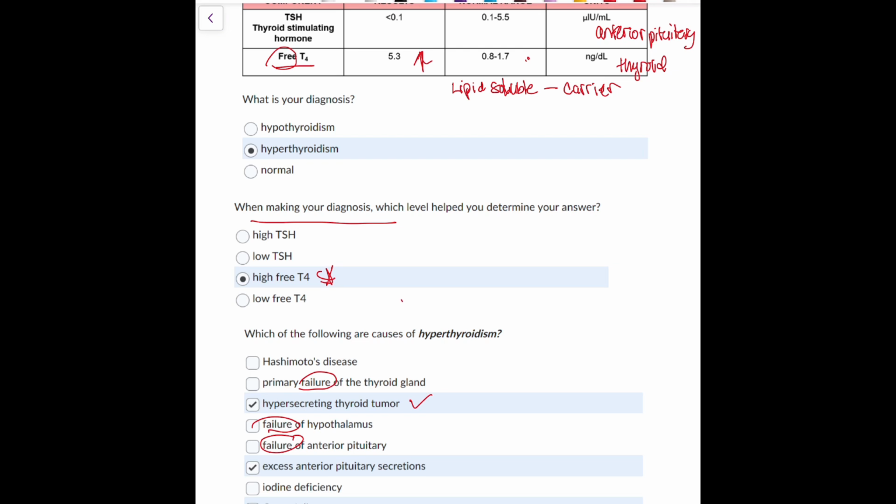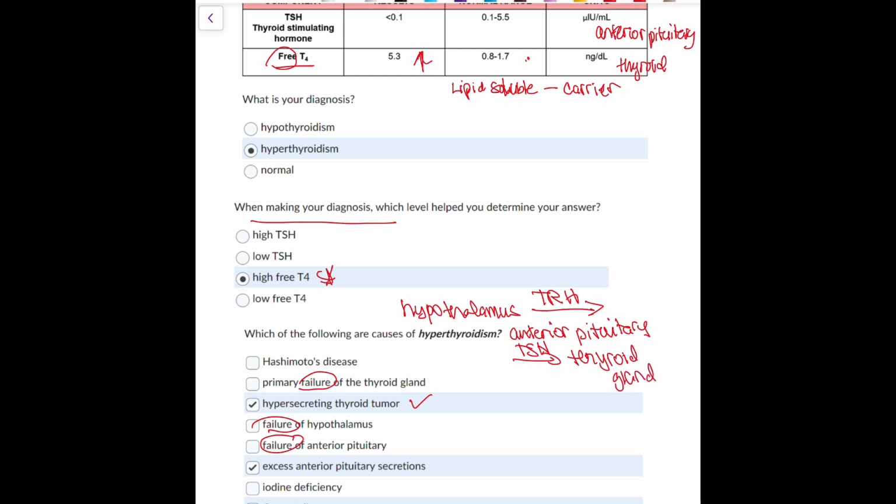So we've got the hypothalamus, thyrotropin releasing hormone, we've got the anterior pituitary, which is going to release TSH, and then if everything's working, the thyroid gland will then respond.